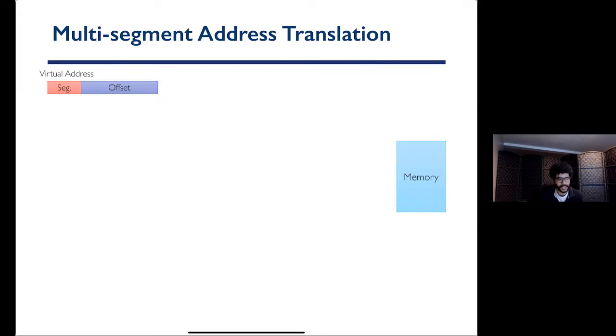So let's move on to the next implementation of address translation. The first one was base and bound. It was simple, but it had some downsides. The next implementation of address translation that we're going to talk about is multi-segment address translation. The idea is to look at the virtual address and have it segmented.